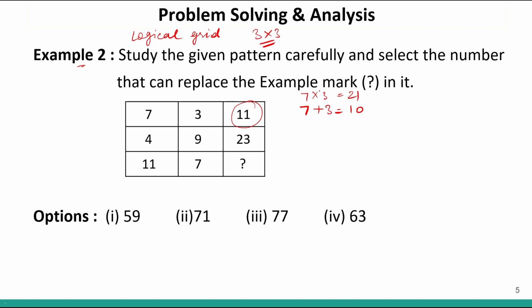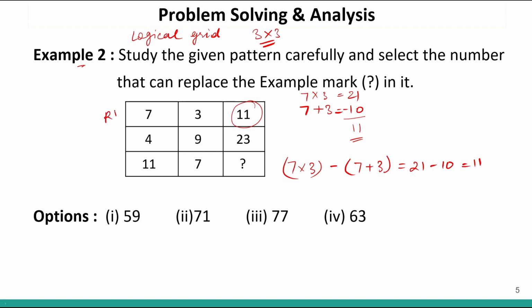But when I look at 7 into 3 and 7 plus 3, I can see that if I subtract 10 from 21, I'll get 11. Right? So the logic maybe is that 7 into 3 and then we subtract 7 plus 3 to get 21 minus 10, which is 11. Maybe this is the logic that is being followed. So we would have to check.